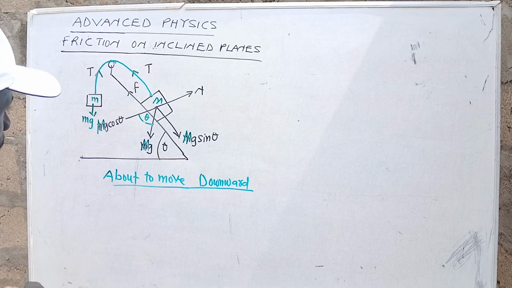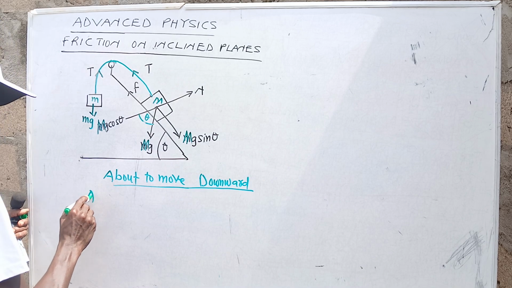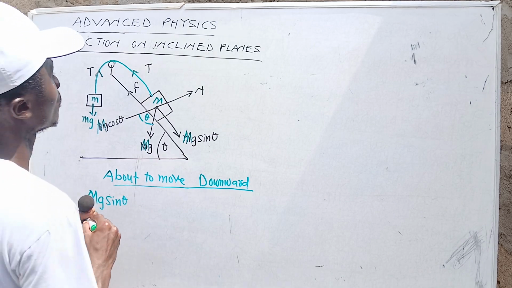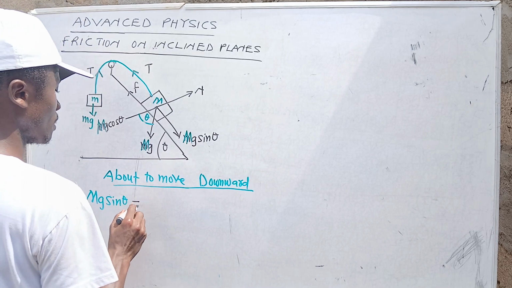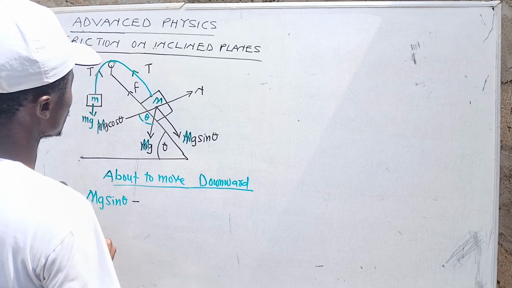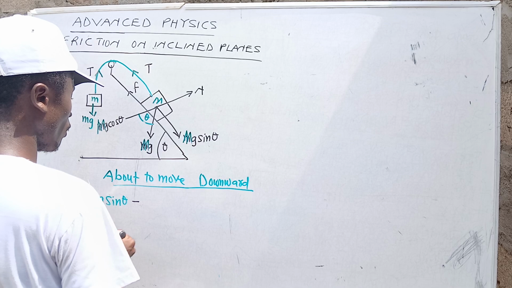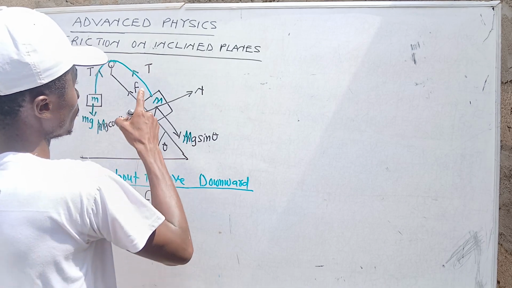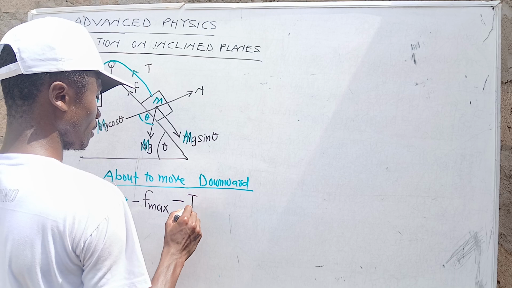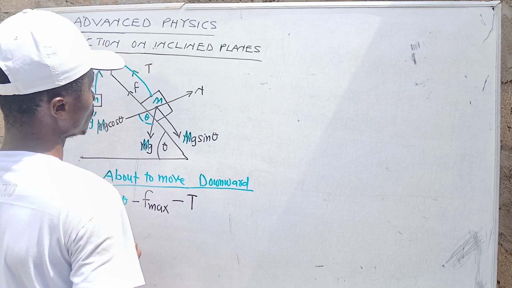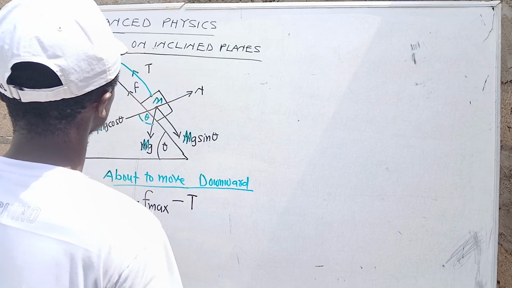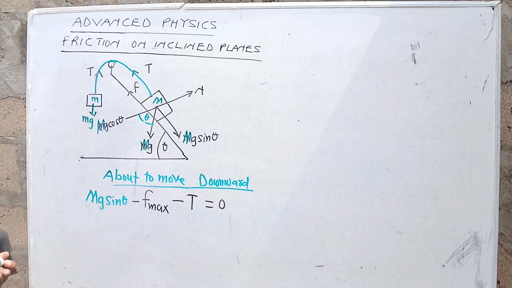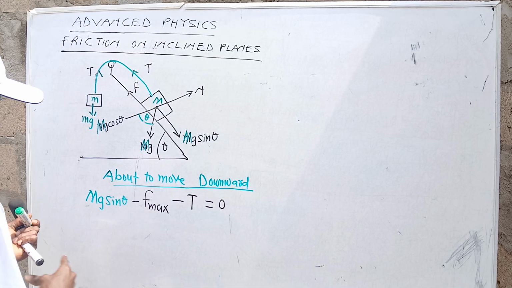So mg sine theta minus the maximum friction minus the tension will be equal to 0. But we know F max.